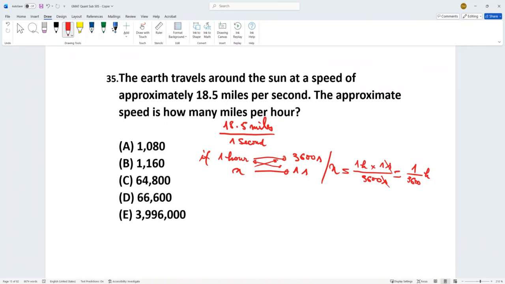So what we can now do is replace the 1 second with its equivalent in hours.